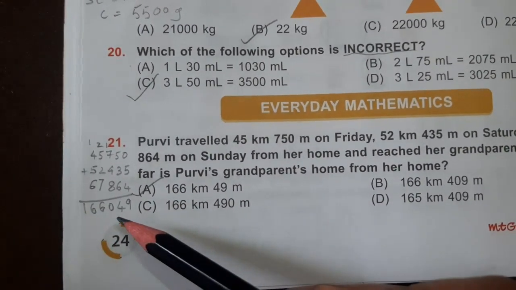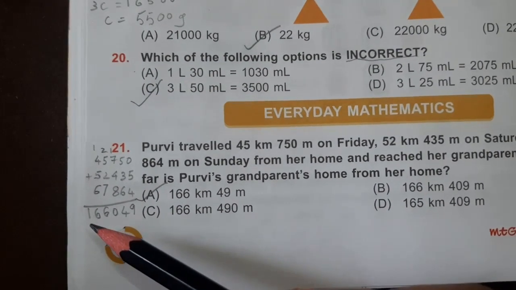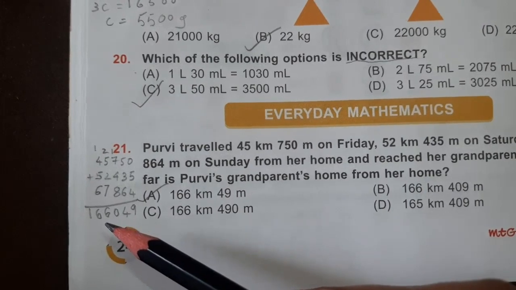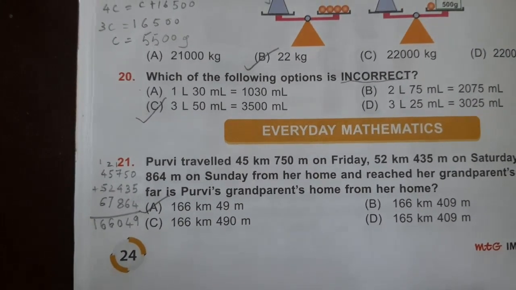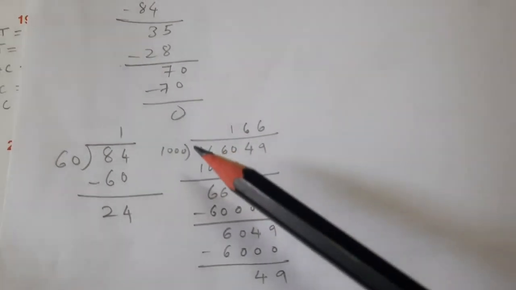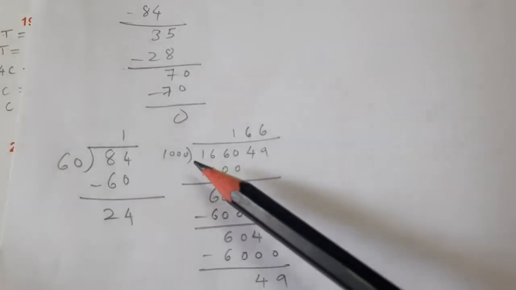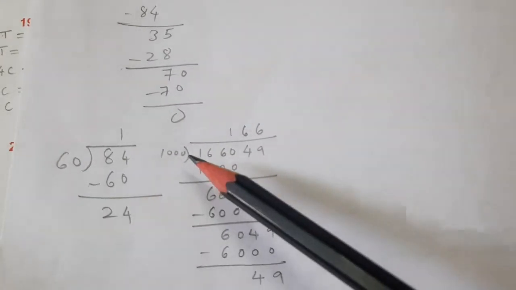You can also do this by dividing this by 1000. Whatever quotient you get will become your kilometers, and whatever is the remainder will become your meters. So let me show you that. This is how you can divide this particular distance in meters, which is 1,66,049 meters, by 1000 to get kilometers.